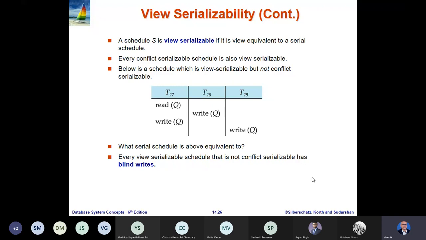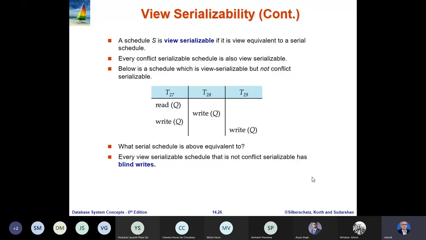Especially if T28 did a read Q, then it will not help, because that read Q will be reading the old value, and if you move T28 below T27, then T28 will be reading the value written by T27. So let me repeat, if T28 had a read Q before write Q, then it will not be view serializable, because then this read Q of T28 in this schedule will be reading the original value.